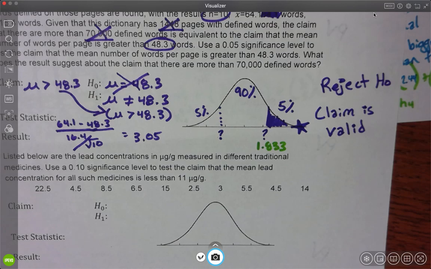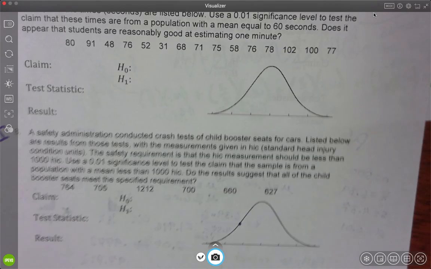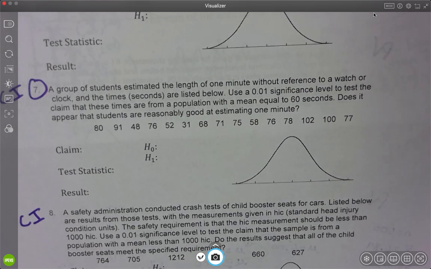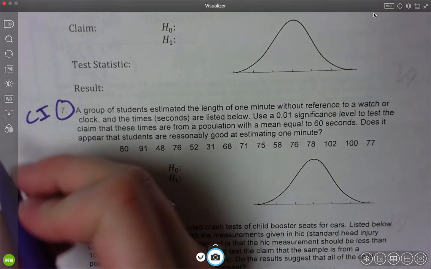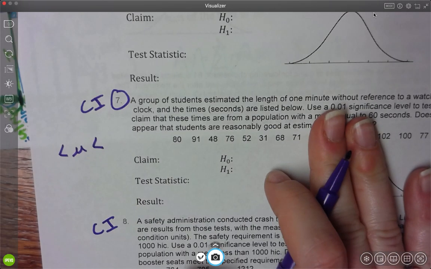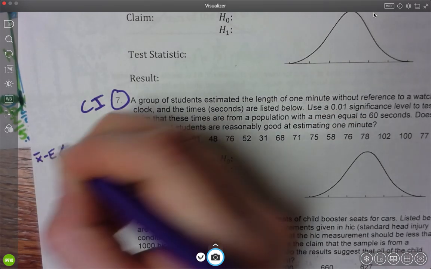Okay, all right, last one. Let's do, we'll do number 7 together. Sure, this is the critical or confidence interval. Okay, confidence interval method, we want to figure out where mu lives between. Okay, and mu is going to live between x bar minus the error and x bar plus the error.